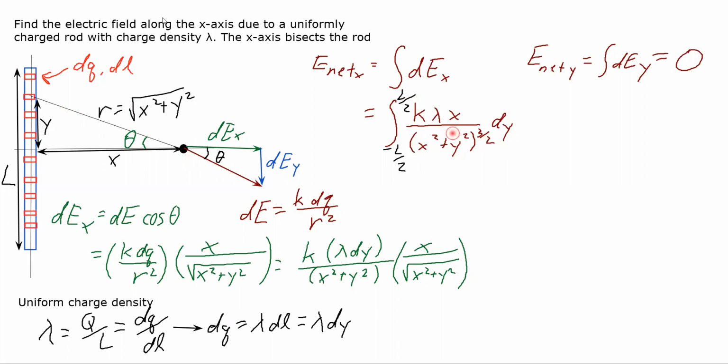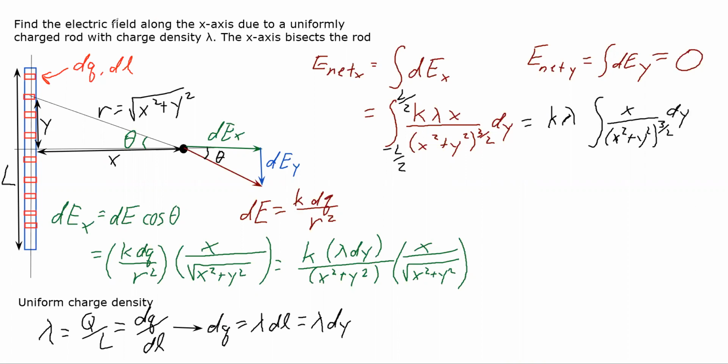Well, let's take out all the constants here. Let's take out k and lambda. So factor those out, and then I'm going to integrate x over x squared plus y squared, dy.